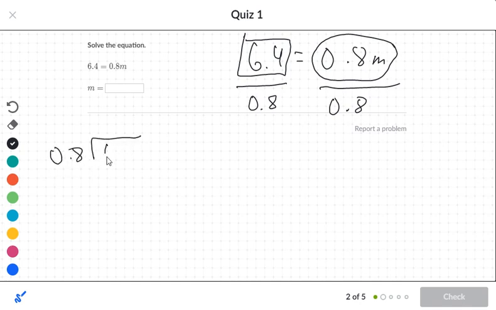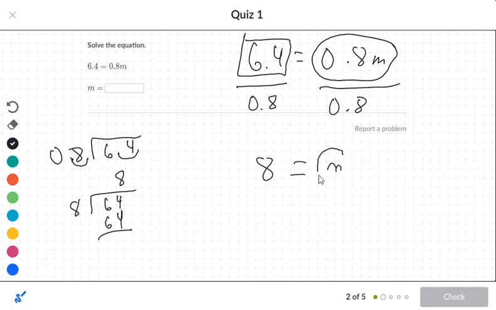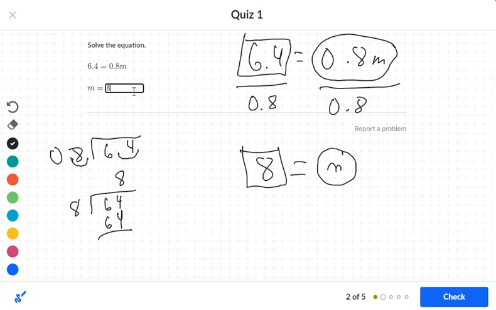I'm going to divide that into 6.4. This is hard to do with the decimal in the front, so I'm going to slide the decimal to the back. So this will turn into 8 into 64. So 8 goes into 64 8 times. So this turns into an 8. This is an M. So again, if I circle and box, that's what I end up with, and now the M is by itself. So M is equal to 8.